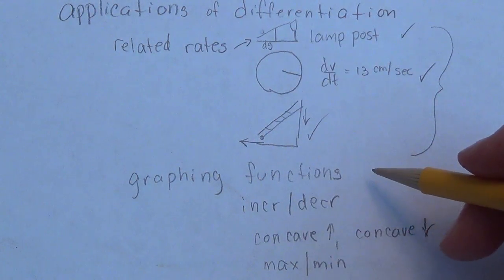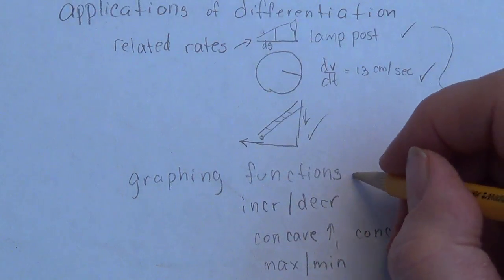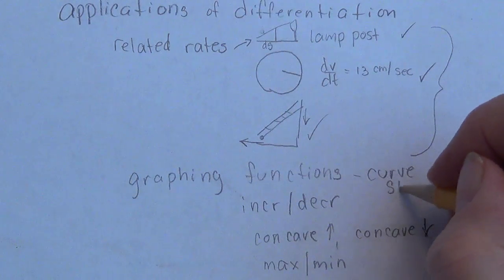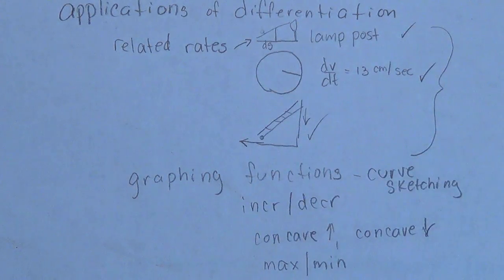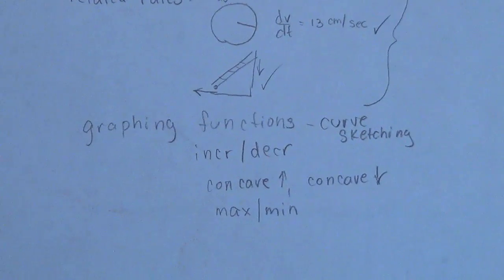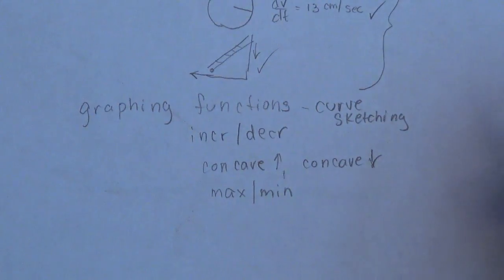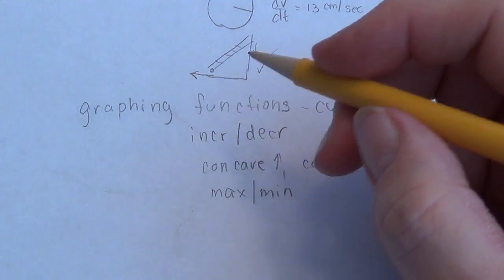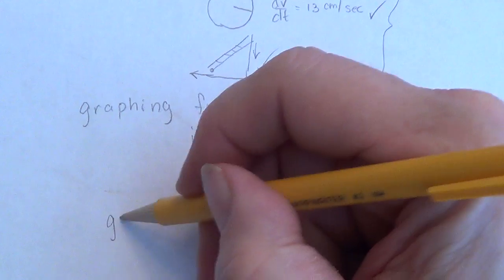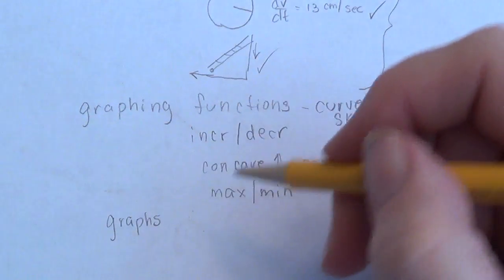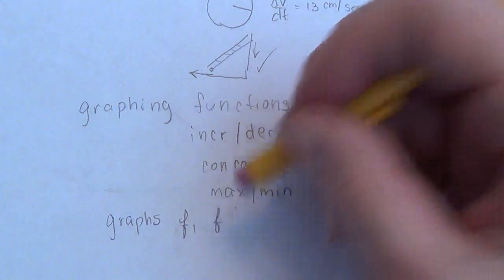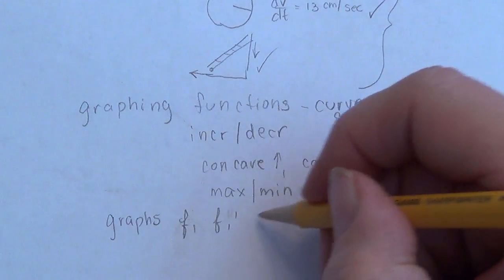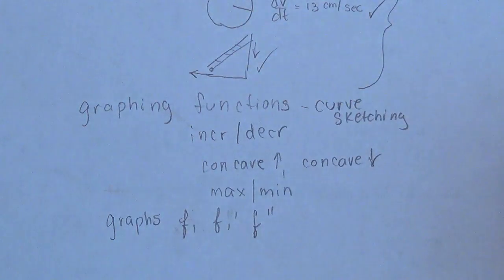So just look at how we used, I guess we called it, curve sketching. So know what the first and second derivatives are doing to help with curve sketching, understanding curves. And you'll be asked to actually look at the graphs of either f prime or f double prime, first derivative or second derivative, and answer questions. So you might look over some of our work that was in that area.